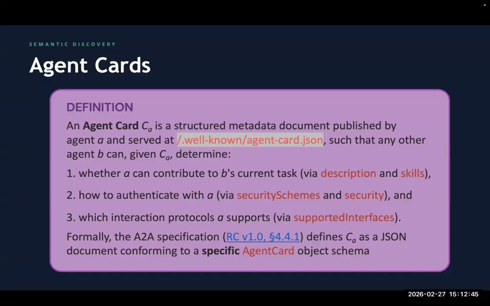And so, this definition here: agent cards are usually hosted at a well-known endpoint in a JSON format. And basically, it is structured such that another agent can determine whether agent A can contribute to its task based on its descriptions and skills, and how to authenticate with it, and which interaction protocols it supports for communication.